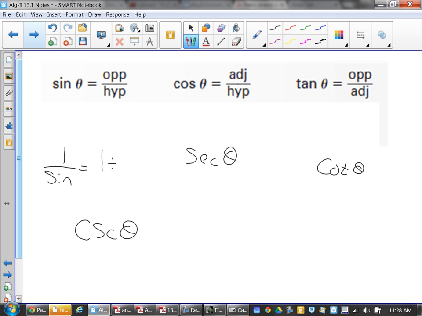So it's 1 divided by the opposite over hypotenuse, and then you multiply by its reciprocal. So the inverse of sine is hypotenuse over opposite. All you're doing is just flipping the fraction. Same thing with secant, which becomes hypotenuse over adjacent.